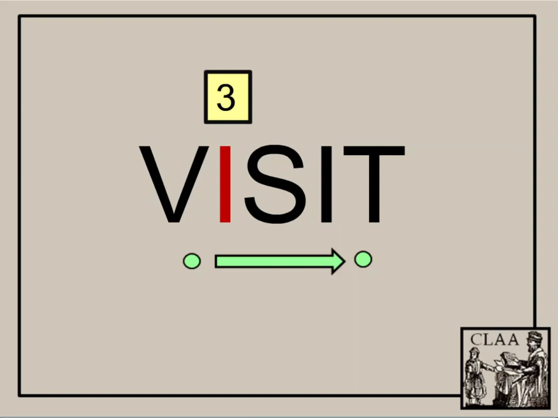If we followed the normal rules, we would read this word as vicit, but that would be wrong. This word has an irregular pronunciation. Even though the first letter I should be read with the long I sound, it's read with the short I sound. This word is read as visit, visit. This is an irregular word.